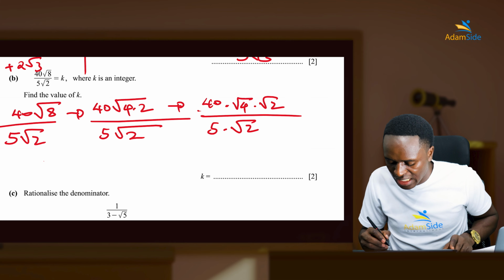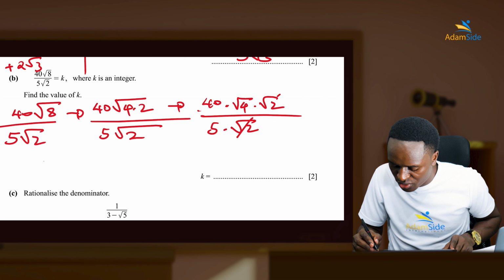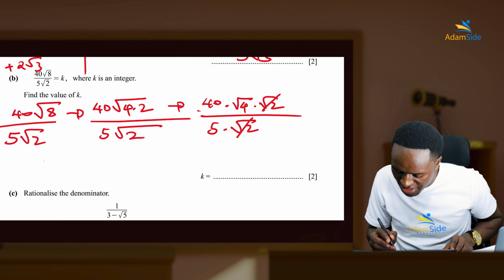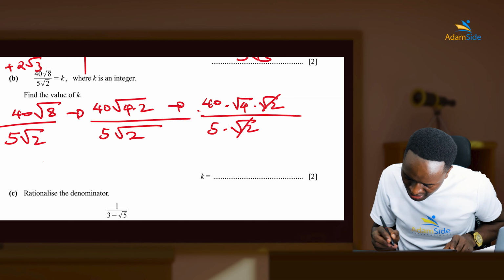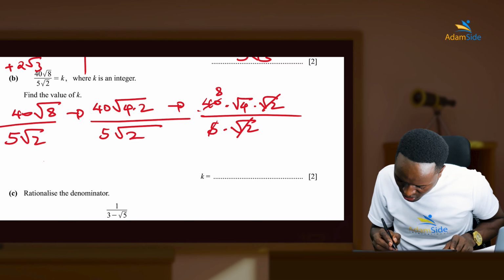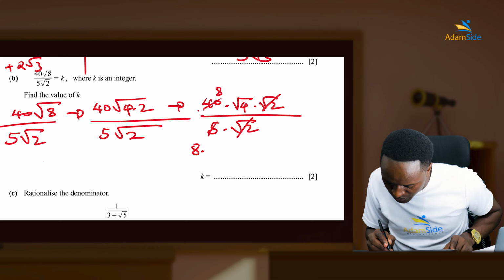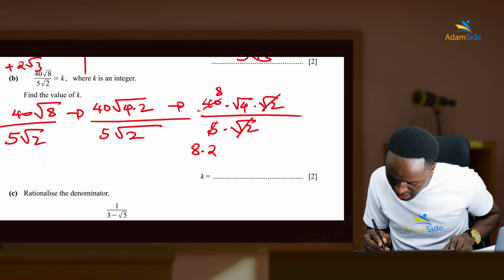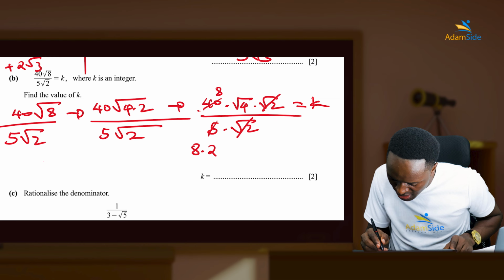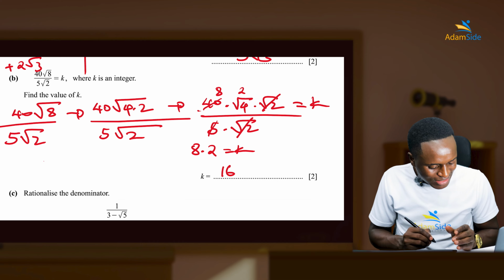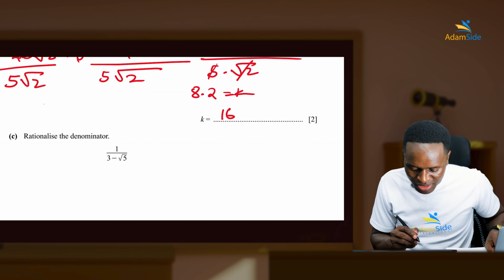So root 2 and root 2 can be simplified, and then 40 divided by 5 you get 8. So we have 8 times 2 is equal to k, because root 4 is 2. 8 times 2 is 16. That's the answer. Correct. That's how you simplify. And then we go to the next question.